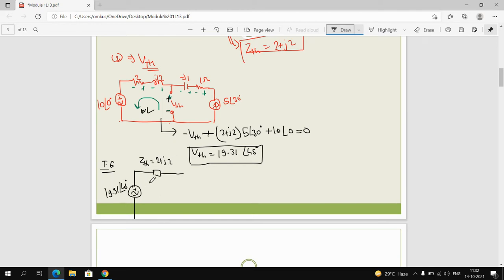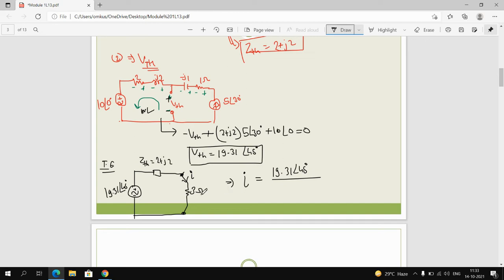And your output target terminal is the 3 ohm, right? 3 ohm is your target terminal. Now you need to calculate this I. How to calculate this I? See, this is a series combination. So similarly, for calculating I, it is total voltage, that is 19.31 at an angle of 45 degrees, divided by total impedance.